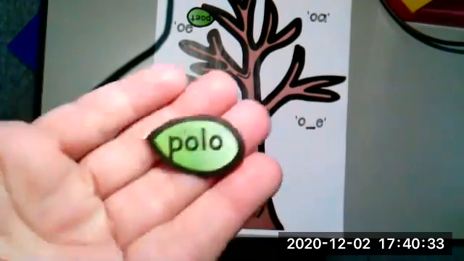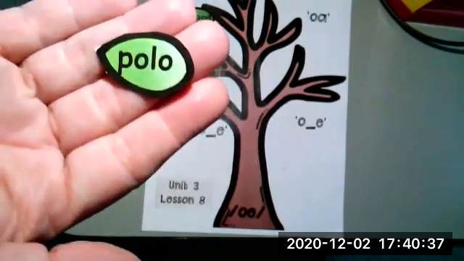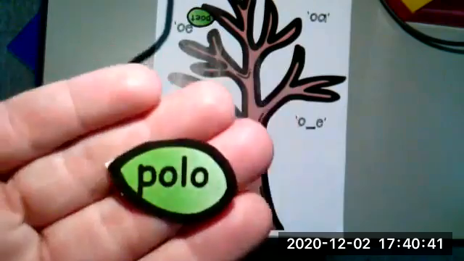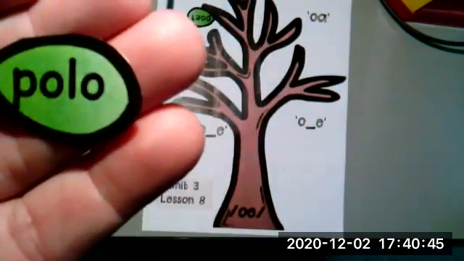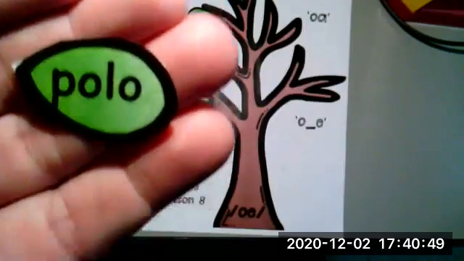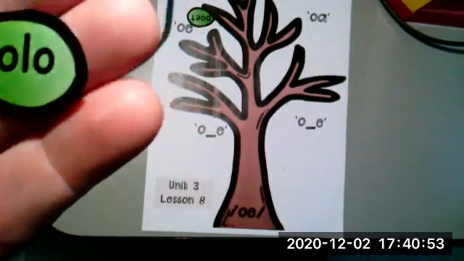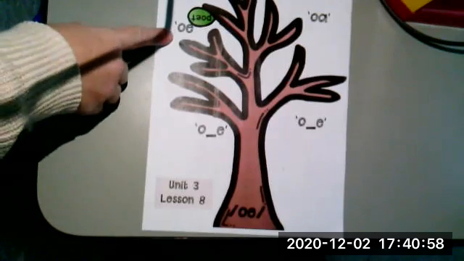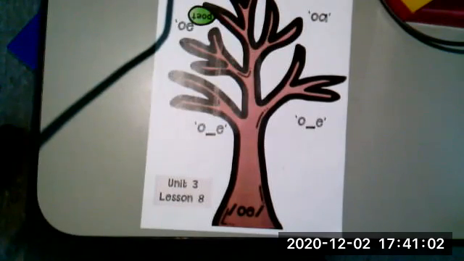What about the word polo? Is that going to go on there at all? That is not going to go on that tree, is it? Because that tree, it does not have OE, it does not have O consonant E, and it does not have OA.